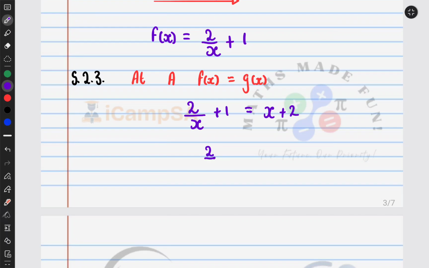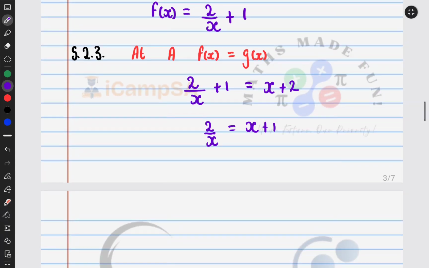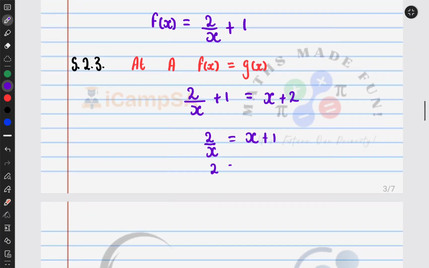We have 2 over x is equal to x plus 2 minus 1, which is x plus 1, and we multiply by x on both sides. We have 2 is equal to x times x plus 1.